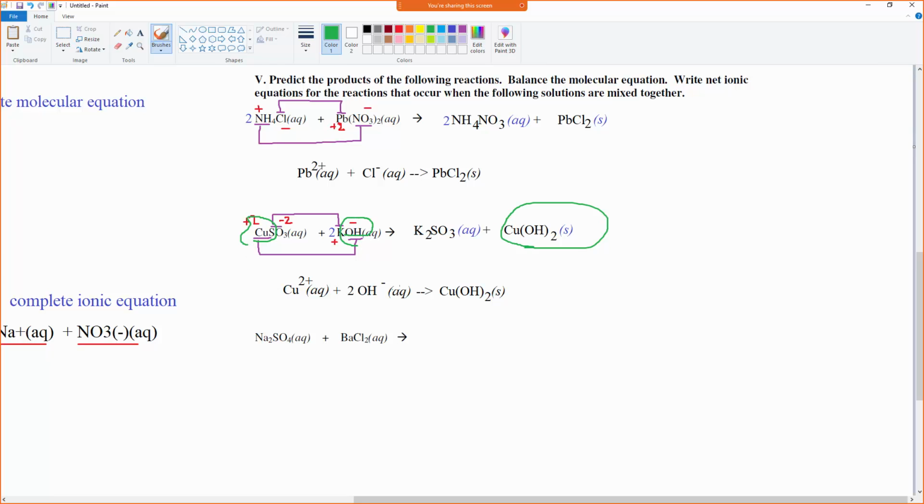So that's what's going to be included in my net ionic equation. Is everybody else with us? Sarah says, I feel medium confident in this. I feel medium confident in Sarah's medium confidence, but I'm not sure about everybody else.